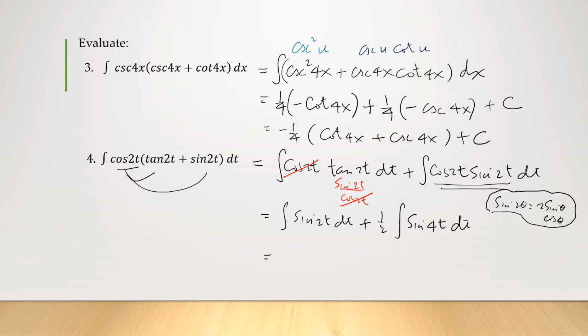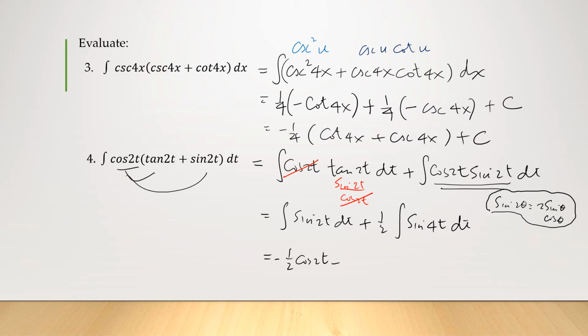So integrating sine 2t dt, your u is 2t, the differential is 2 dt, so we have 1/2. And the integral of sine is negative cosine 2t. For the other integral, we have sine 4t dt. Again, we check on the differential of our u. Our u is 4t and the differential is 4 dt.